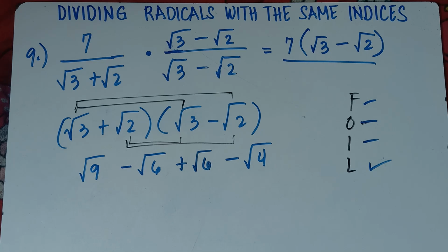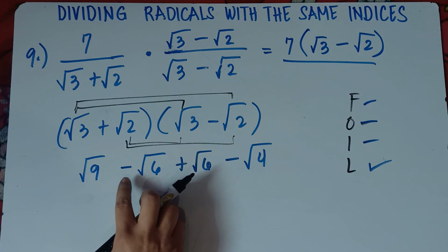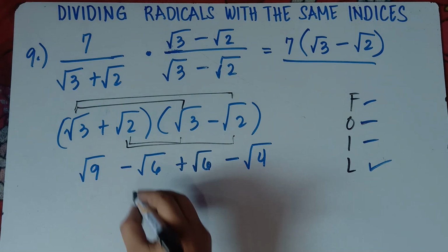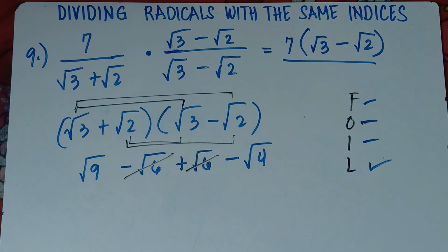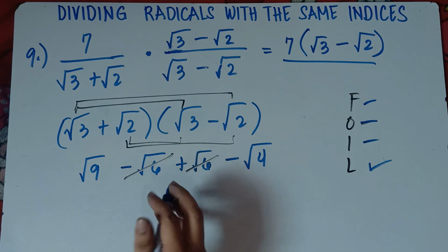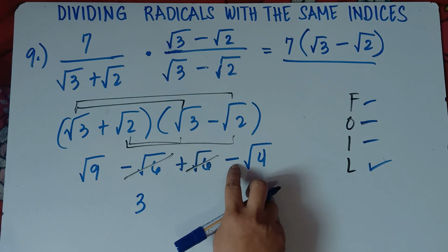Alright, and then you can just simply cancel this out. This is negative square root of 6, positive square root of 6. This will be 0, so cancel this out. And then the square root of 9, that is 3. Then copy the negative sign.